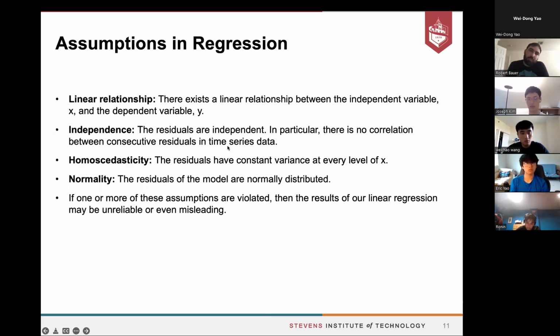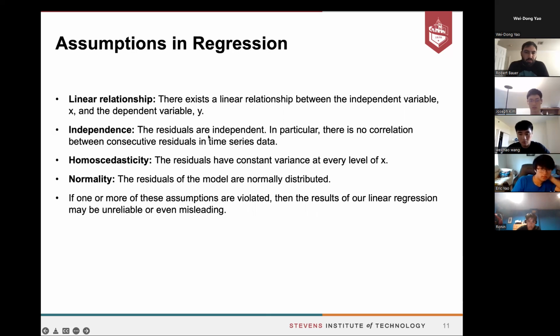So there are four basic assumptions for regression, and all regression models should satisfy these assumptions. The first is a linear relationship. There should be a linear relationship between the independent and dependent variable. Second, independence.